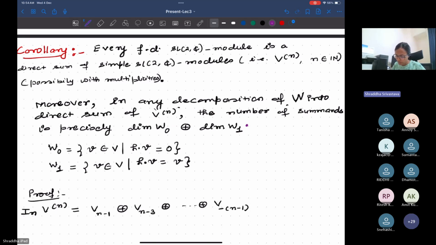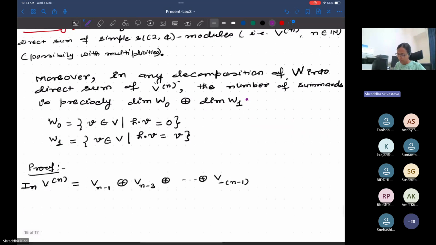Here W0 is the eigenspace corresponding to the eigenvalue 0 for the action of H. And likewise, W1 is the eigenspace corresponding to eigenvalue 1. So why is that? This is easy.